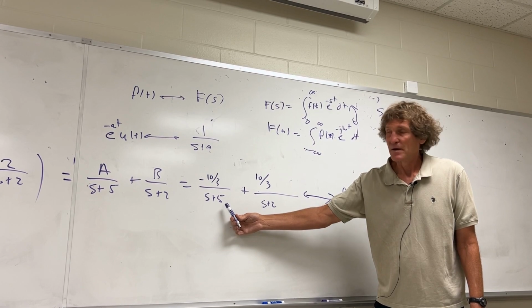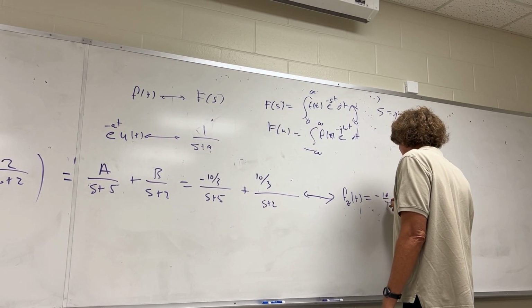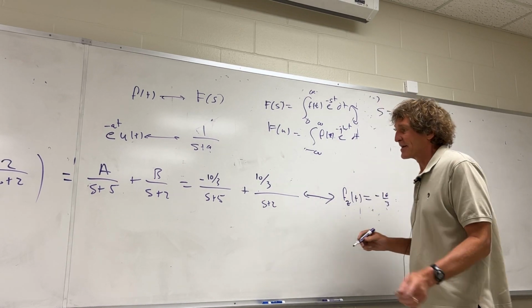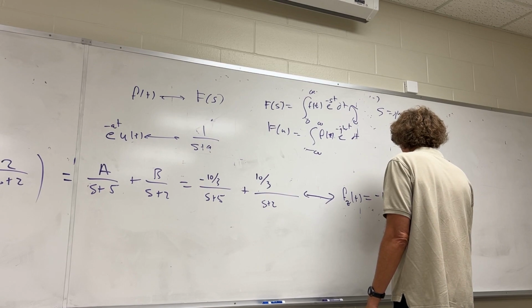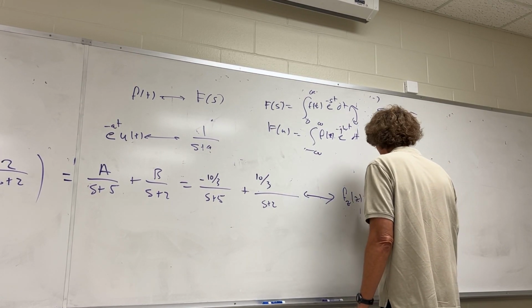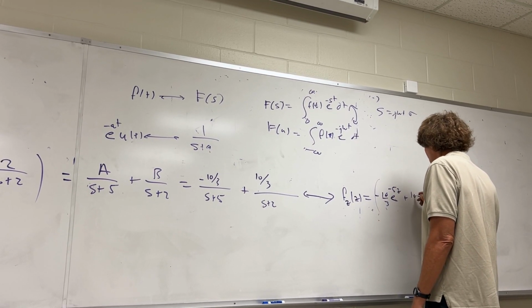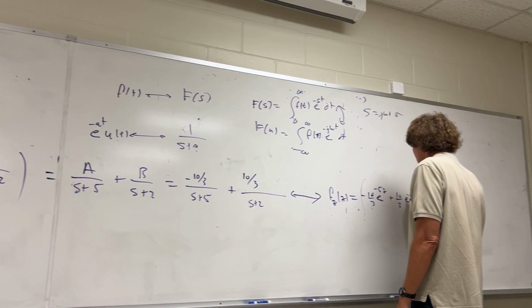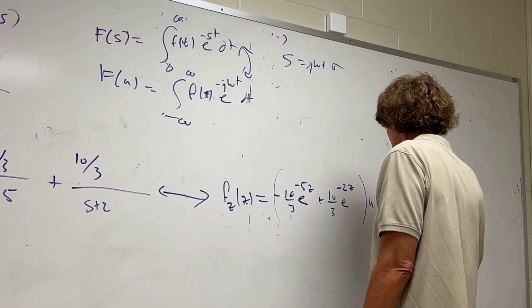It'll be negative 10 thirds, that is the coefficient, times e to the negative 5t. That's what I wanted to get. Instead of t, I'll put z in right away: e to the minus 5z, and the other one is plus 10 thirds e to the minus 2z, and this is all times u of z. Do you all see that?